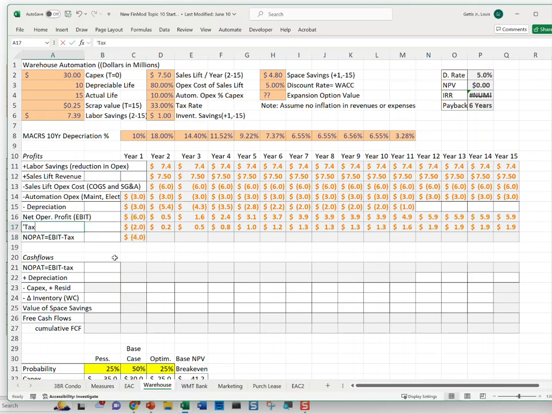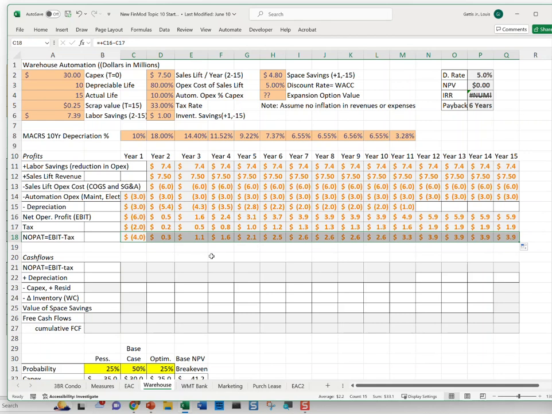If I put negative taxes there, I would put a negative sign in front of this, and then I can just add across. So again, you just got to keep track of how you input the values. And there are my EBIT after taxes, or net operating profit after taxes. I'm going to lose $4 million in the first year and make $3.9 million in the 15th year.